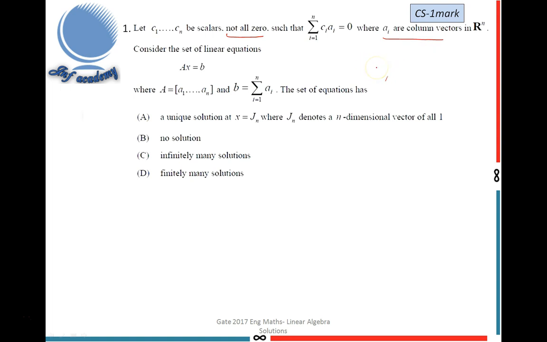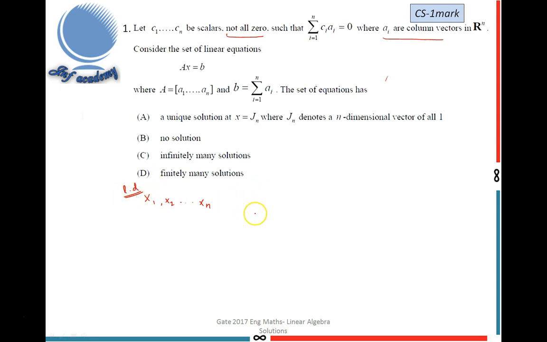First, here I explain one definition, that is linearly dependent vectors.